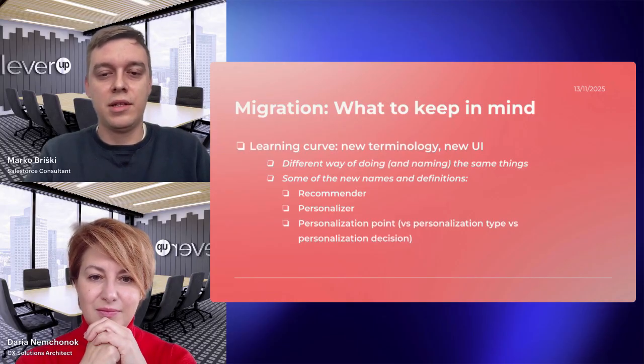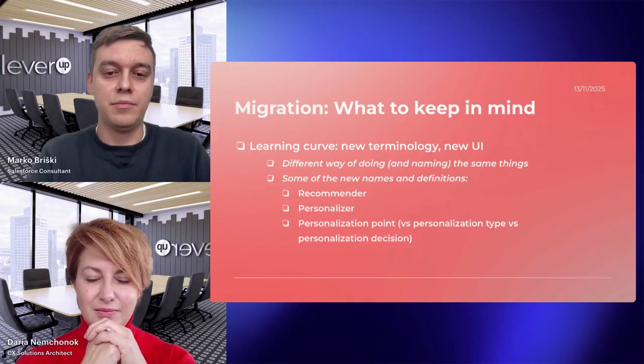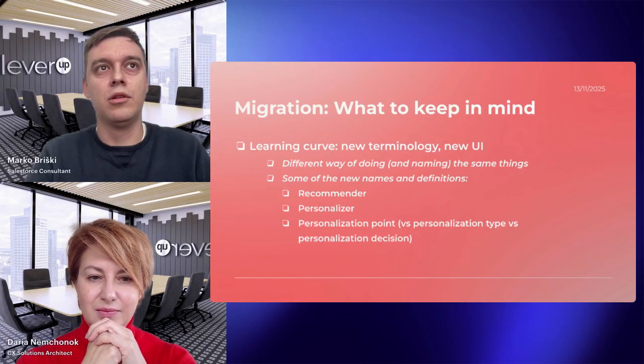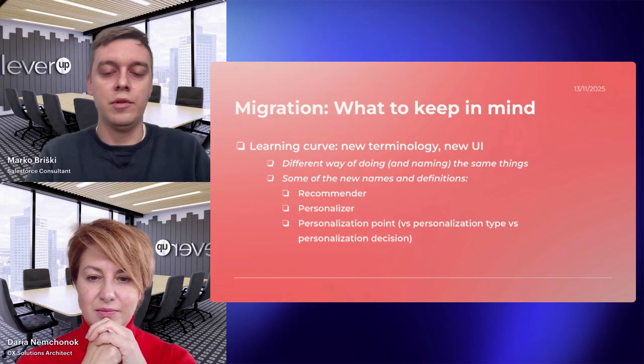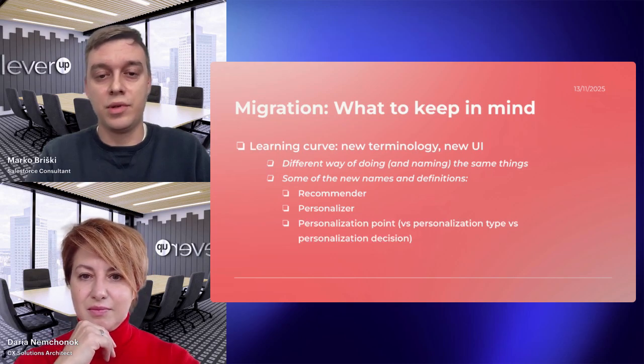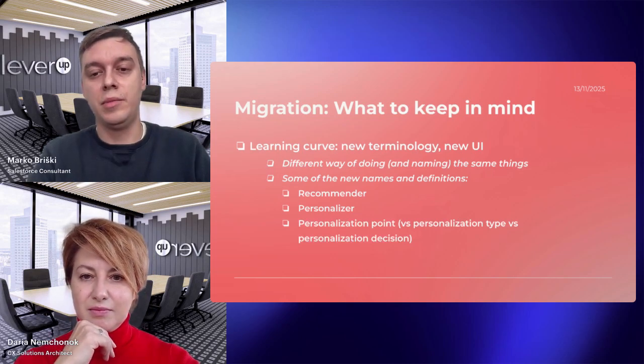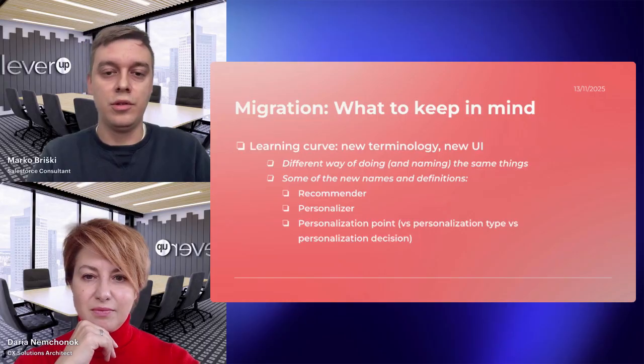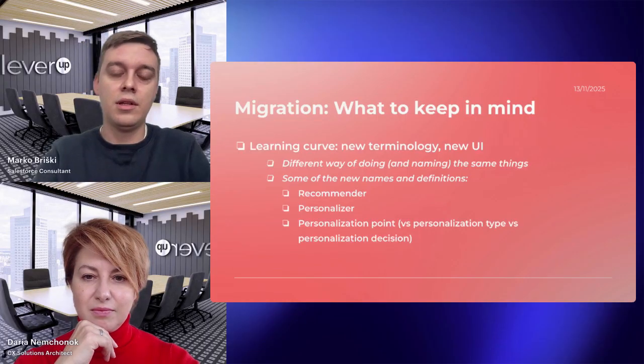And the last, but the most important part of this is the personalization point, which is basically a location on a web page where you decide that the content will be personalized for the customer. And a personalization point can have two personalization types. One of them is the recommendation, which utilizes the recommender and personalizer.